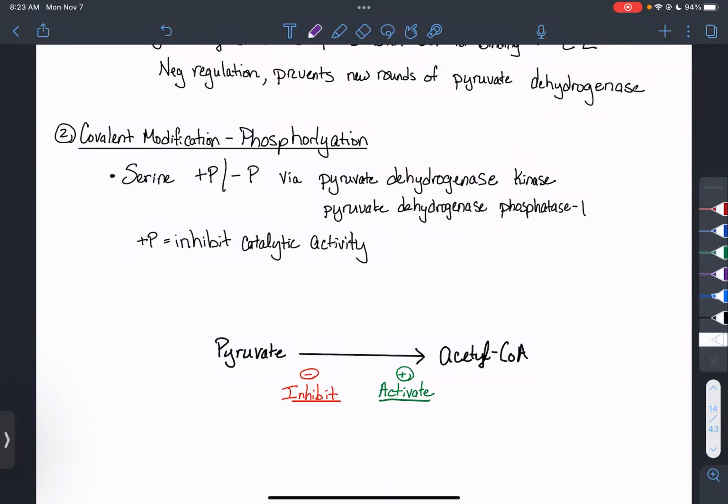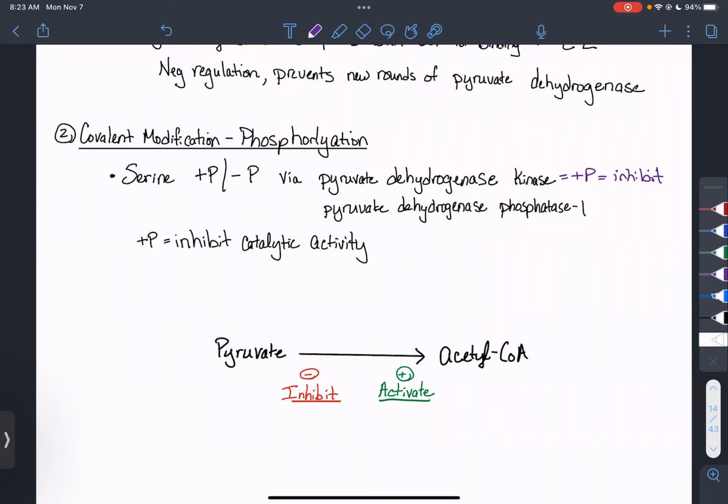So if you phosphorylate serine residues on pyruvate dehydrogenase, now, if you add the phosphate group through pyruvate dehydrogenase kinase, you're going to inhibit the catalytic activity. So this one is add the phosphate and inhibit, right?